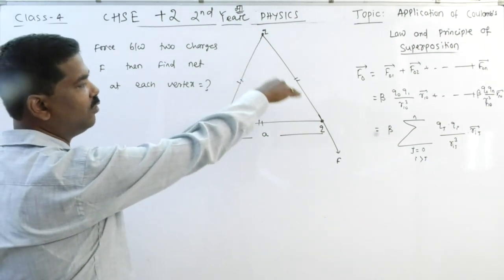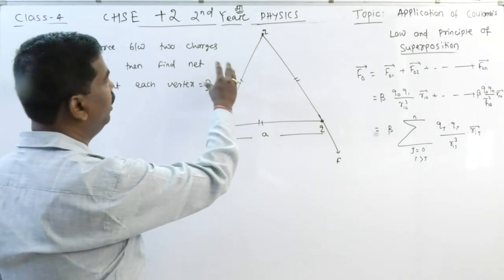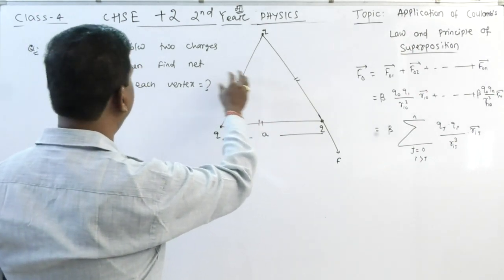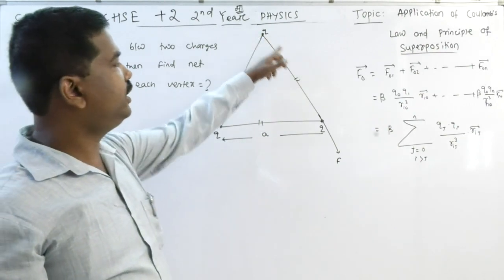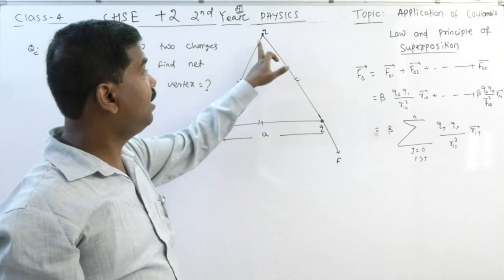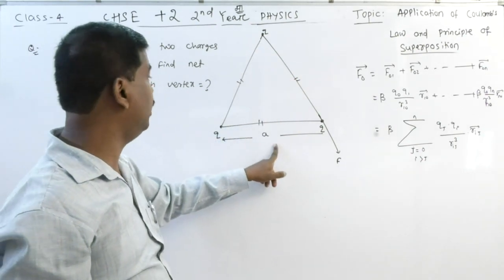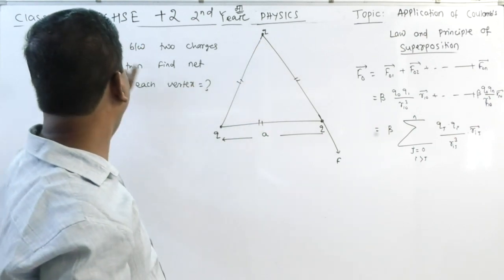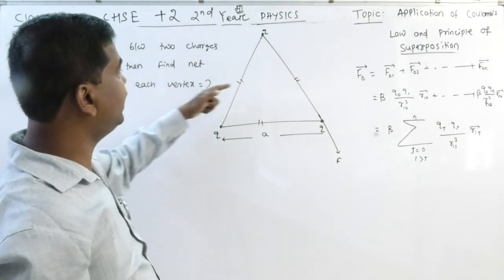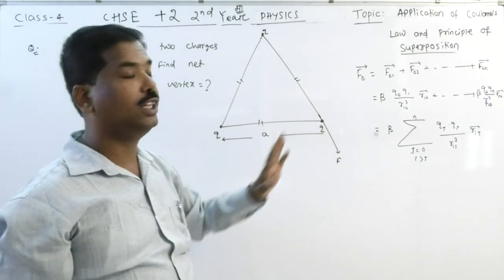Actually, I have to write the full question: if three equal charges are placed at three vertices of an equilateral triangle of side a, and if the force between two charges is F, find the net force at each vertex.